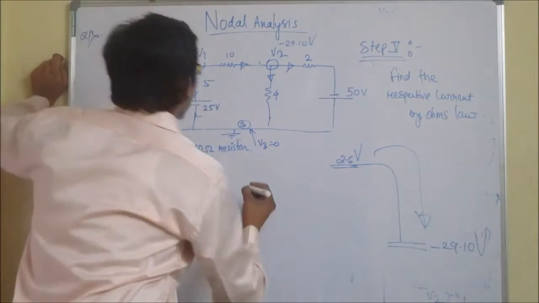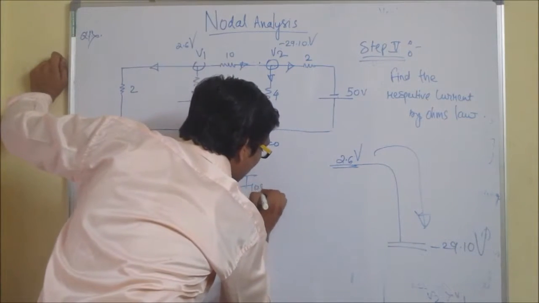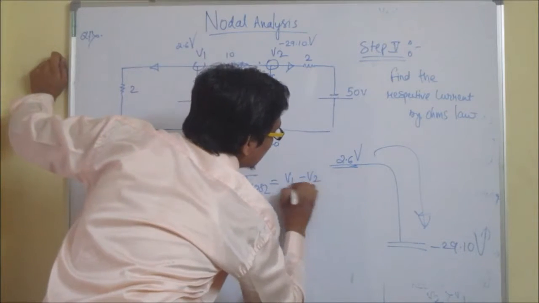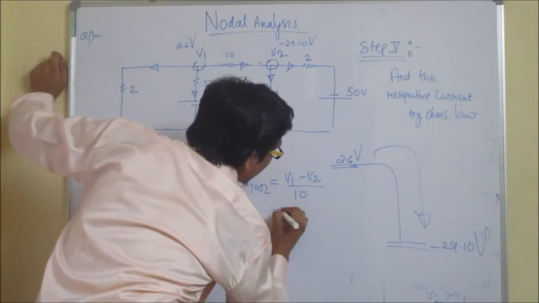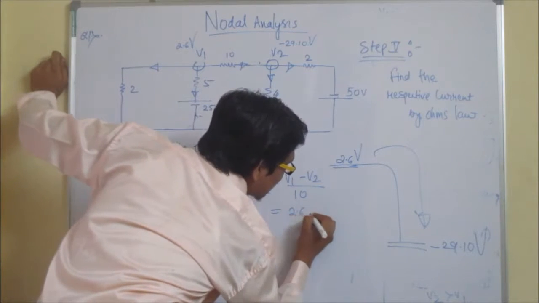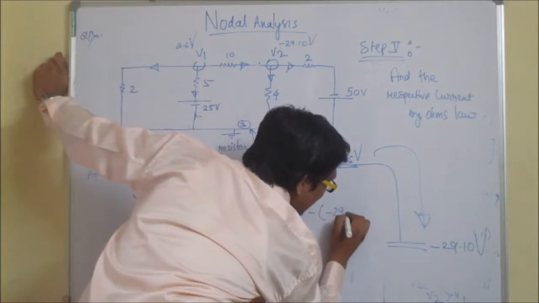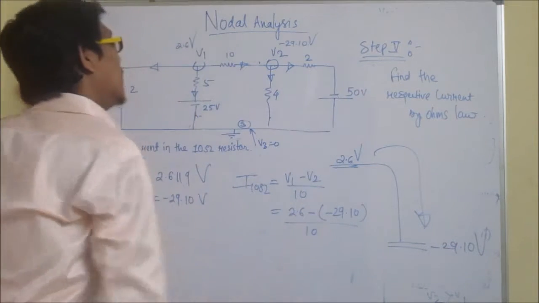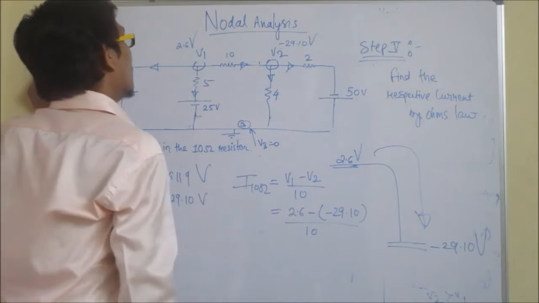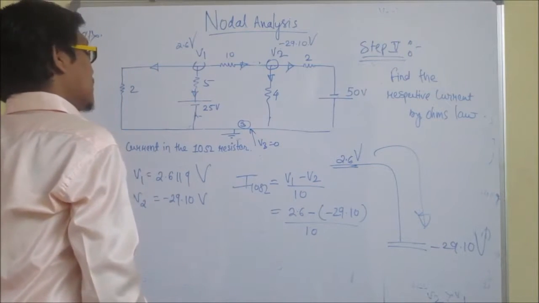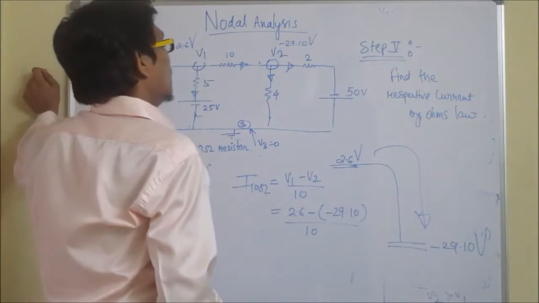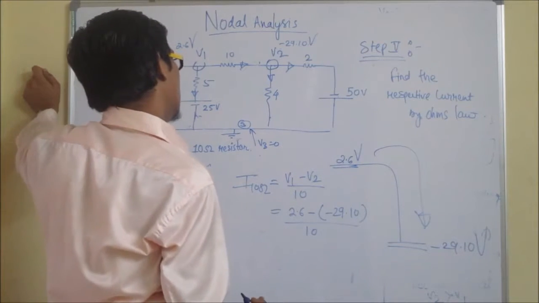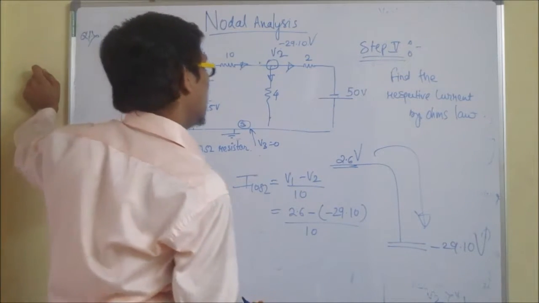And my current I 10 ohms is equal to (V1 minus V2) by 10. That is 2.6 minus 29 point. What will this be? 2.6 and this 31.